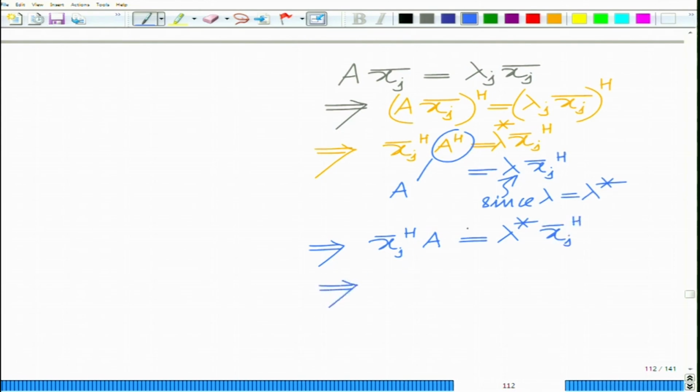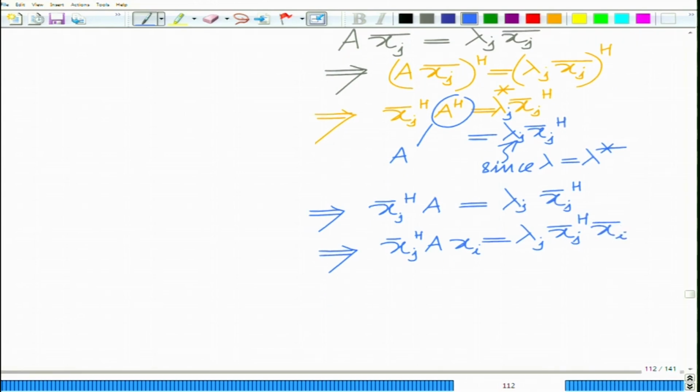Now, if you multiply by xi bar, we have xj bar Hermitian A xi bar equals lambda j xj bar Hermitian xi bar.